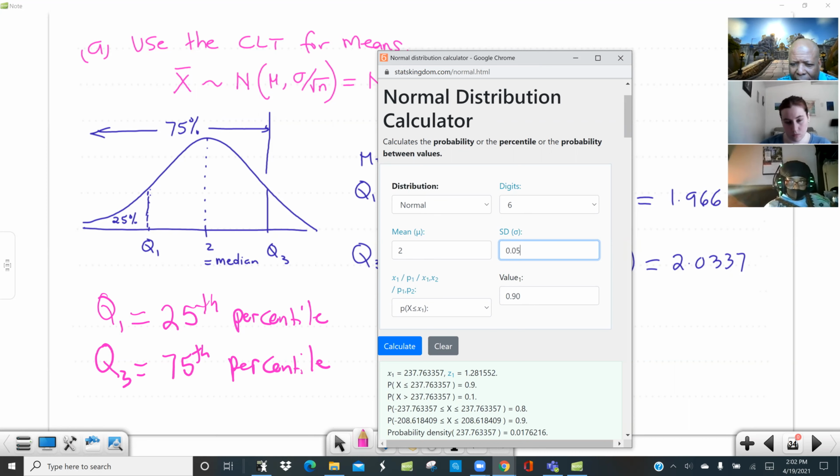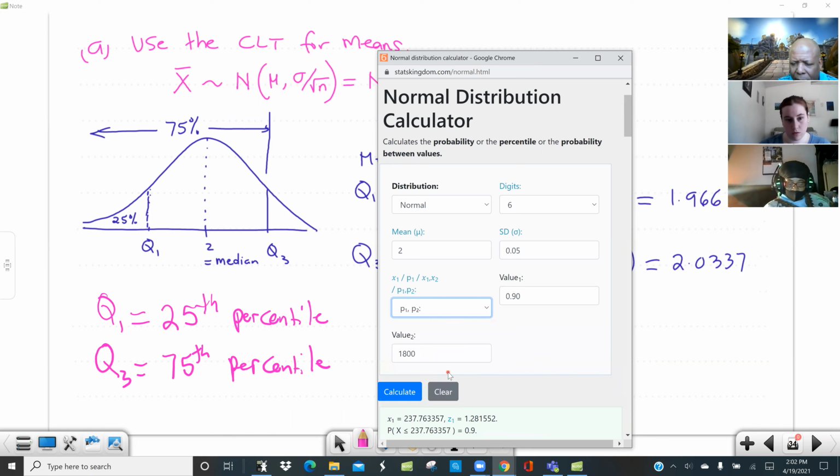You know what you do? Come down here and select P1, P2. Put the first probability here, 0.25. Don't put 25. Put the second probability here, 0.75.